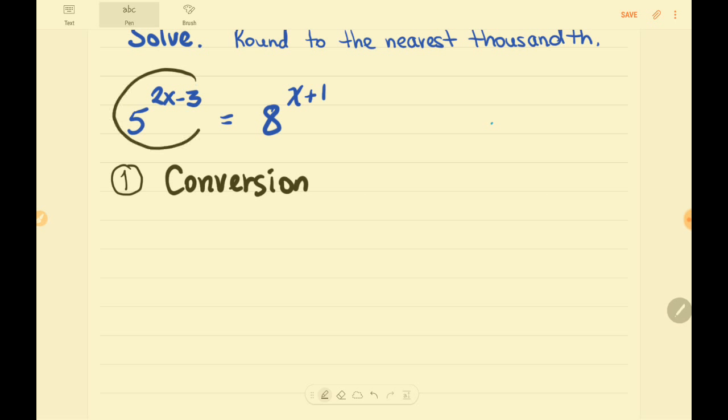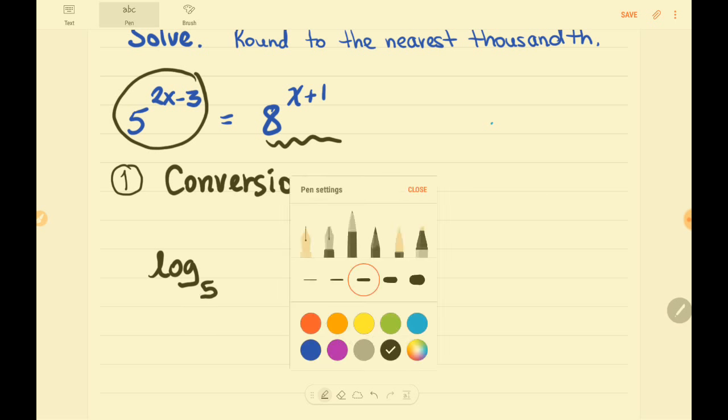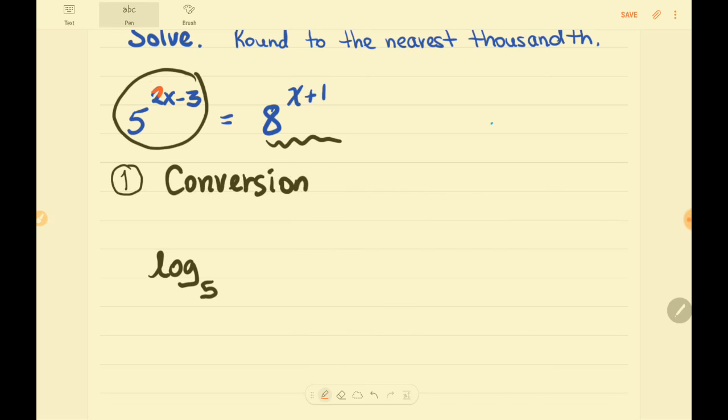Let's think of this as the exponential and this as the answer. If we want to convert that to logarithmic form, we would do the log of base 5, and then you're going to swap this so that it's no longer with the base 5. It'll be on the opposite side of the equals.